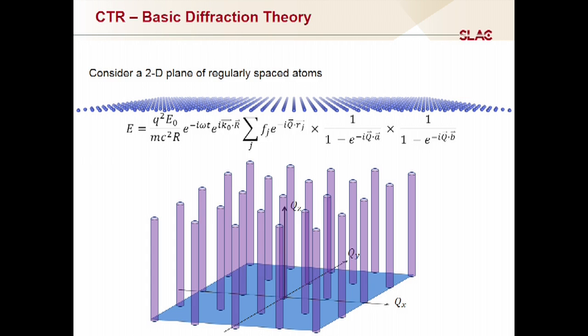And what this ends up looking like then is that the scattering from a two-dimensional plane gives you these rods in reciprocal space. And so if I'm looking in the out-of-plane direction, the scattering is nice and continuous along that direction. If I'm looking in plane, it's discrete.